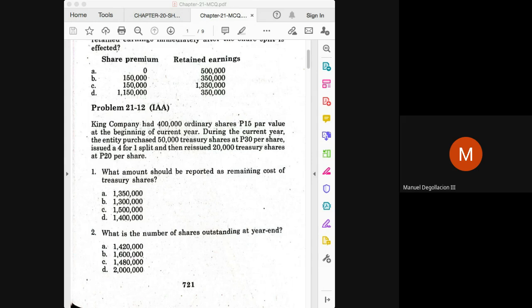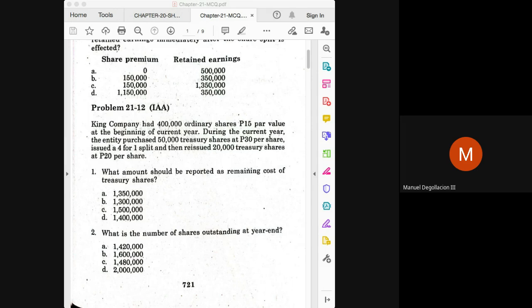Simply the per share value of your treasury share will be lower because more shares will now be sharing the 1,500,000 valuation. Okay. Instead of the 1,500,000 being good for 50,000 shares, it will now be good for 200,000 shares.